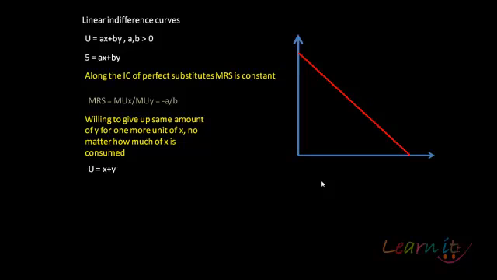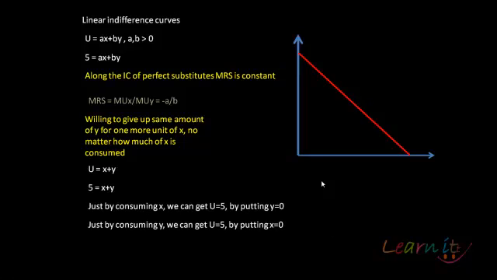Say utility is 5. Just by consuming x, I could have utility equal to 5. Just by consuming Pepsi, that is y, I could have utility 5. And by some combination of x and y also, I could have utility 5. That is 2 plus 3, 3 plus 2, 1 plus 4, 4 plus 1, and so on.